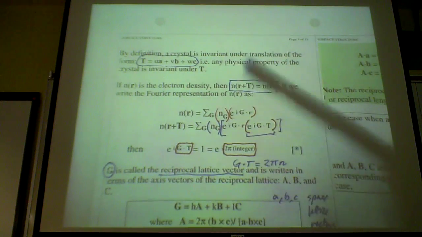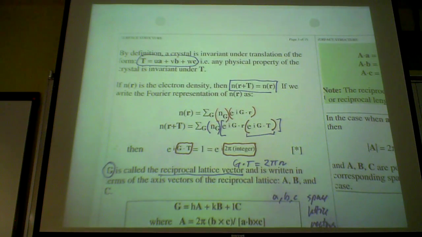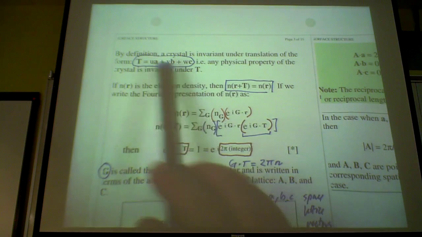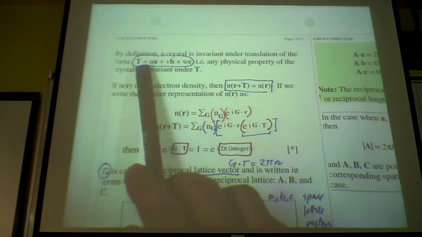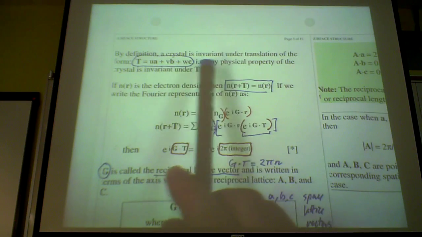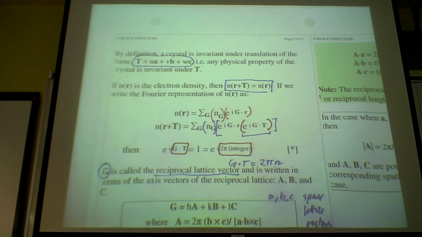By definition, when we talk about a crystal, it has 3D symmetry. And what does that mean really? It means that it's invariant under translation operation. So if you identify one point and translate it, just linear motion of that point by this translation vector, some constant times A, some constant times B, some constant times C, where A, B, and C are the lattice vectors of your crystal.